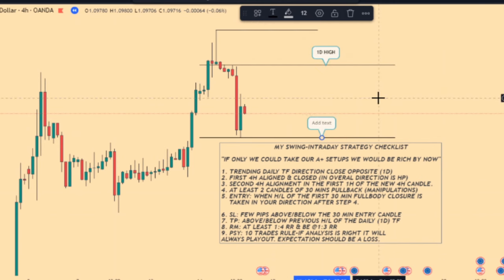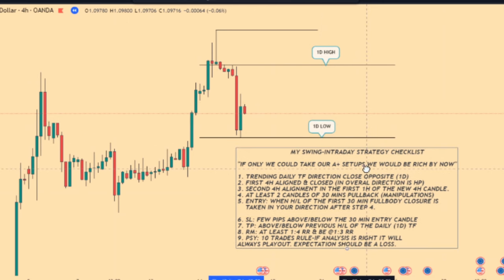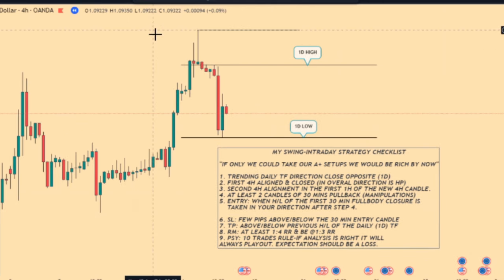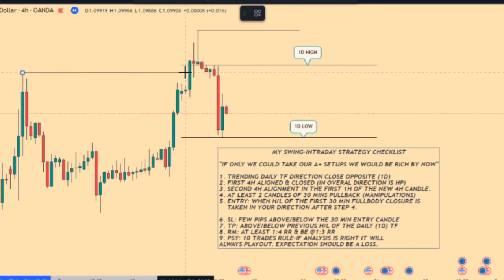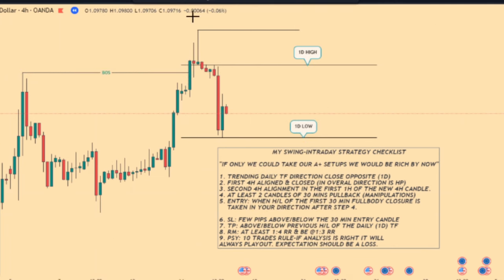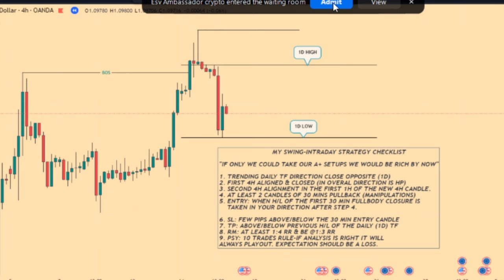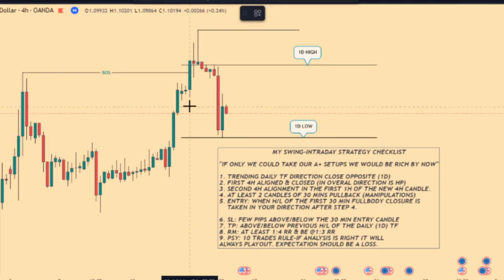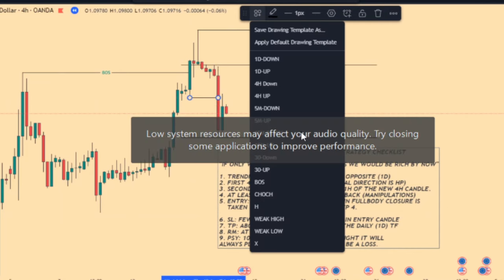So now most of the time I don't mention them because I just see these things happening. So what has happened here from an SMC perspective, we got a break of structure. We got a break of structure upwards in 4 hours, which is always high time frame. And then after that, we have an IDM that was taken here.